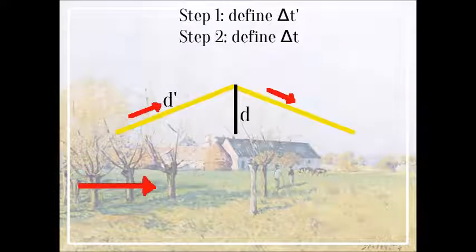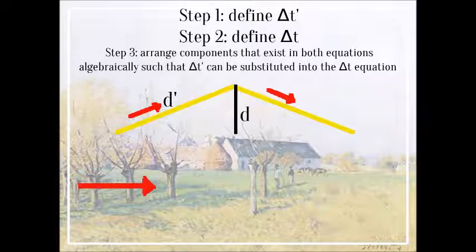Well, our second step, therefore, is to define delta t for this latest part of the example, whilst keeping in mind that we want to arrange the components that exist in both equations algebraically such that we can substitute that delta t prime into the delta t equation.